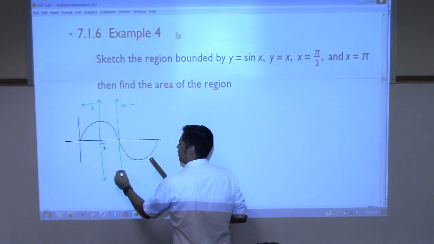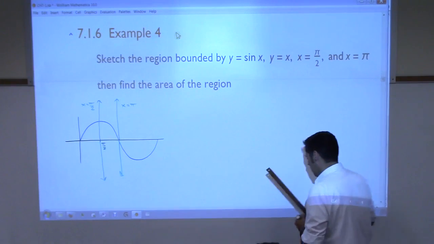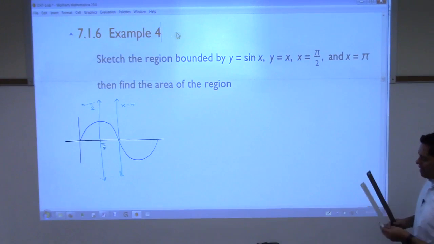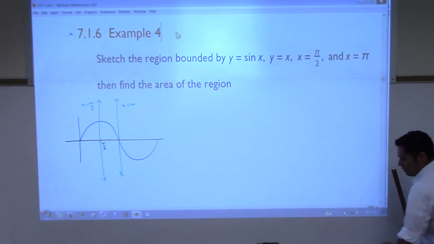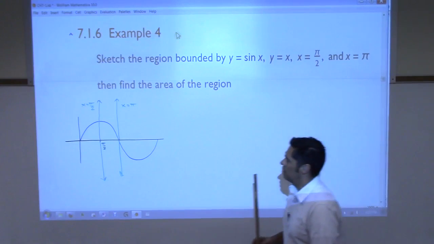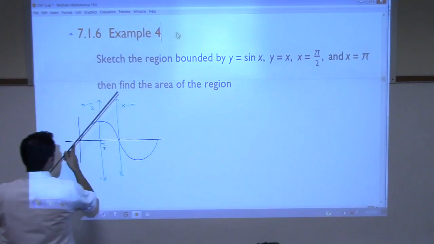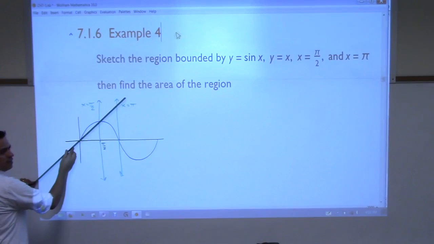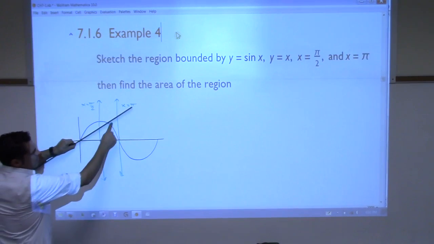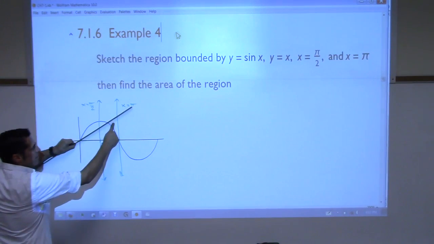And we're trying to find a region enclosed by all of these. Now let's bring in the y equals x. And I held off on it intentionally because of the following thing that's about to happen. Y equals x should be in here like this, right? But I don't know how good my drawing is. So look, if I do this, then isn't my region going to be this little piece right here?